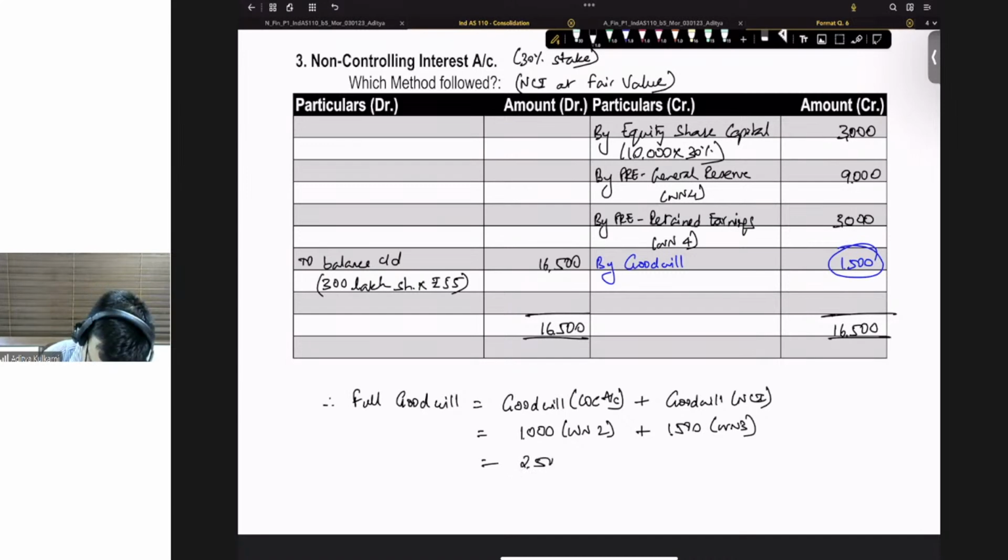So this is 2,500 full goodwill. That's right. 2,500 full goodwill. And I take this straight away to the balance sheet.